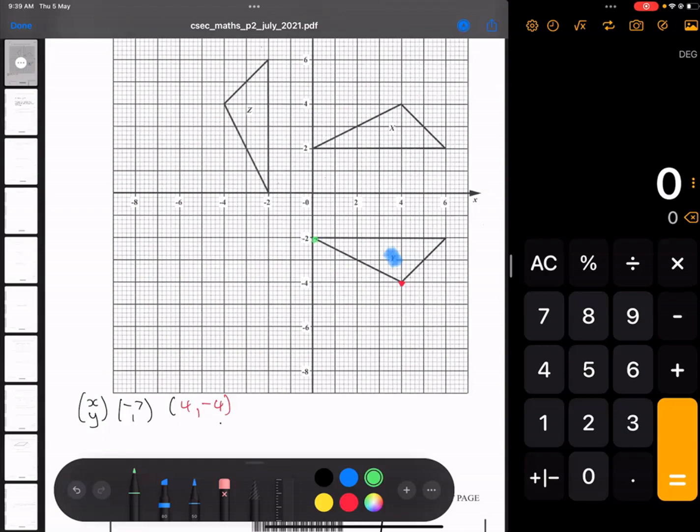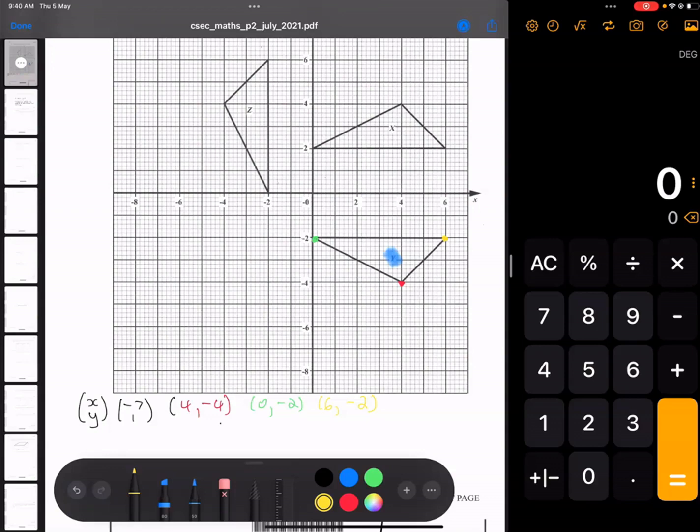Here would be 0, -2, and then our last one would be 6, -2. Those are the points of the triangle.